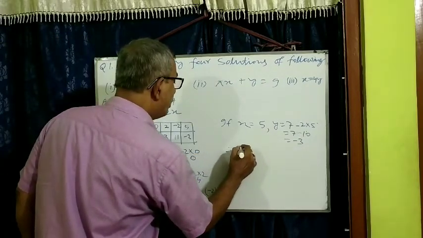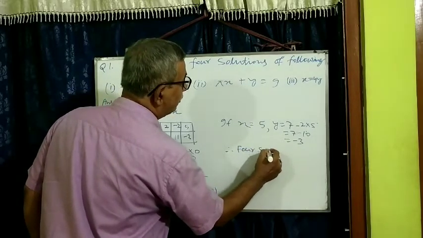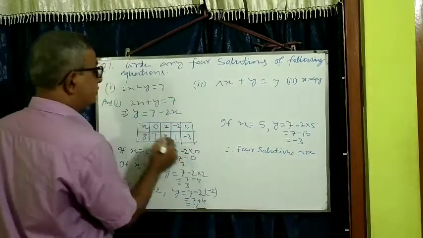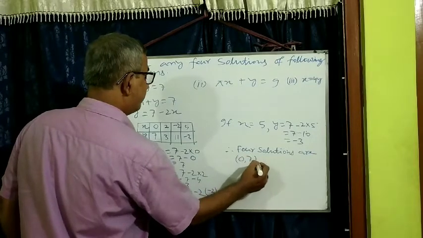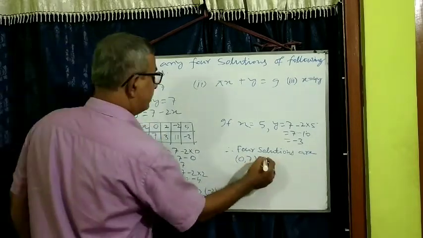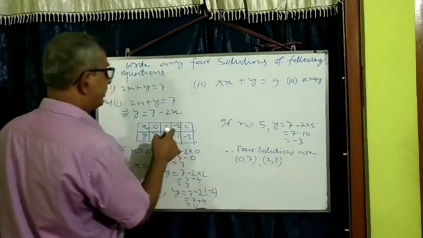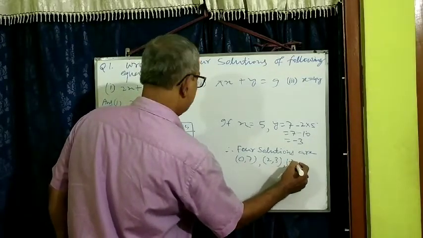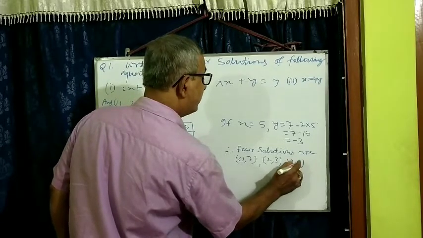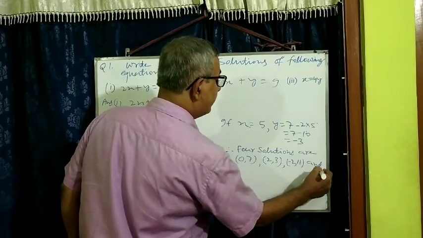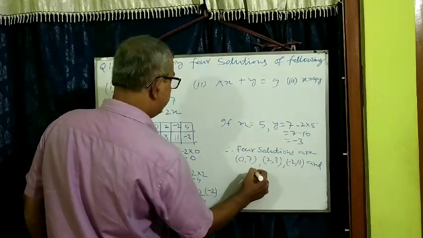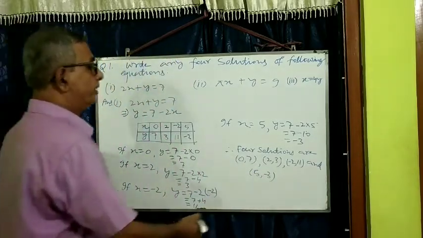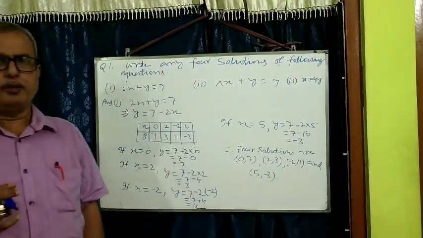Therefore, 4 solutions are 0, 7, 2, 3, minus 2, 11, and one more is there, 5, minus 3. x value should be first of all, then y value. My dear student, please take.